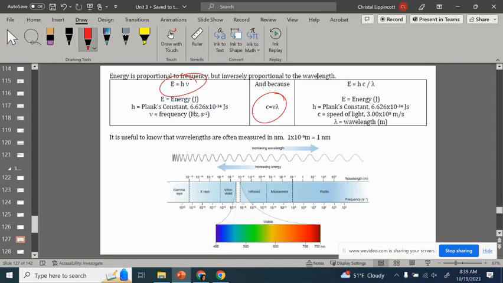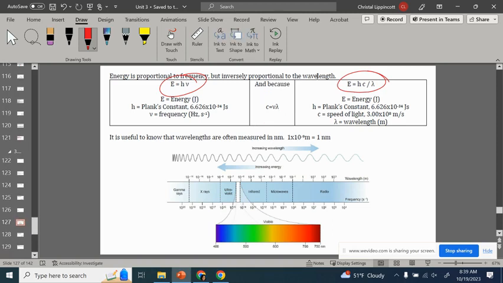And then we can do a mashup of those two equations and get this guy. Because if we rearrange this one so that frequency equals c over wavelength, then we can just substitute this for this and end up with that.